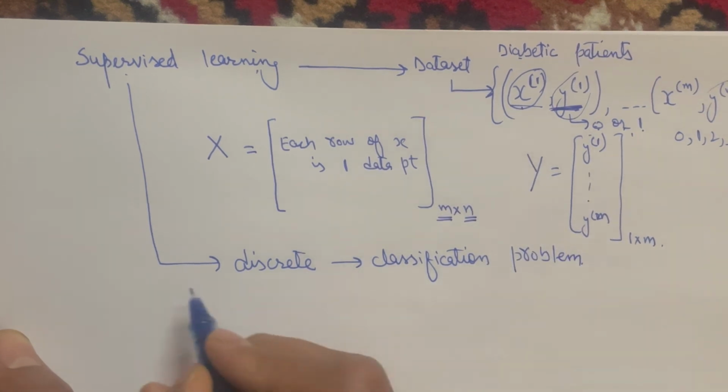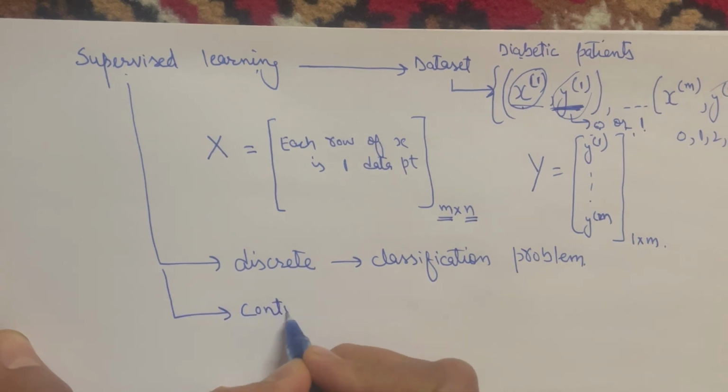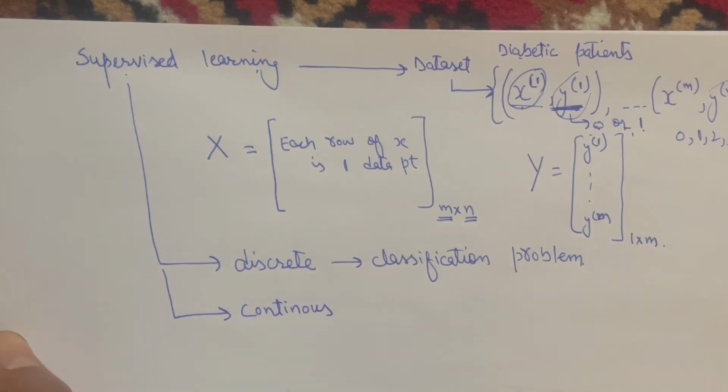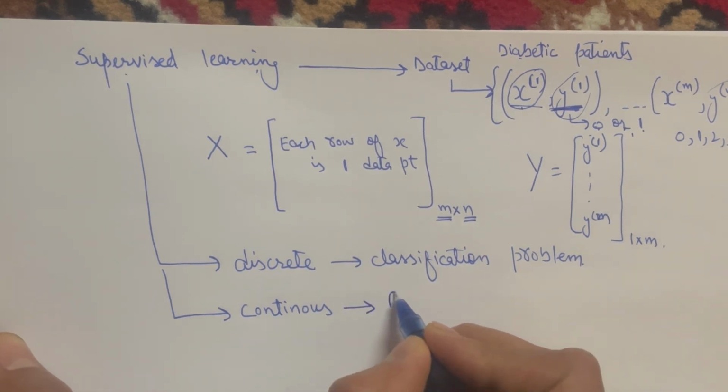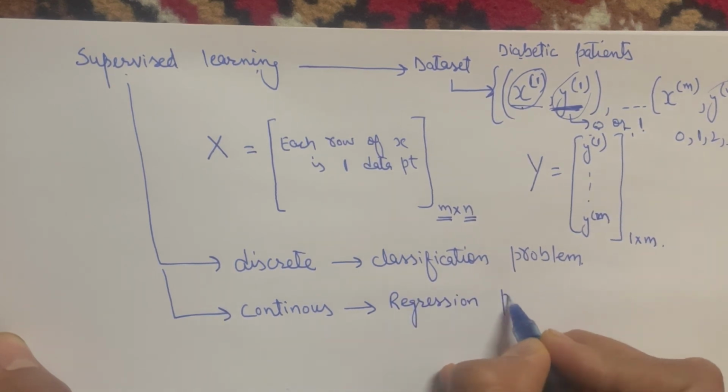However, if the output is continuous, for example in predicting the price of a house, the output can be anything. In that scenario, the problem is called a regression problem.